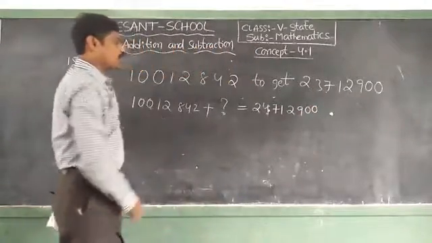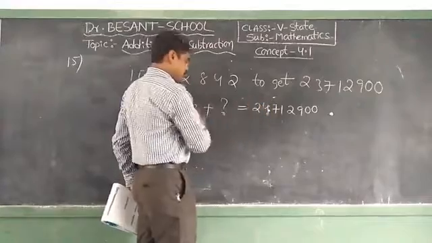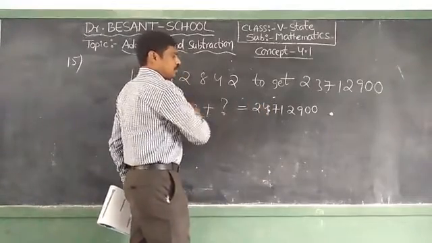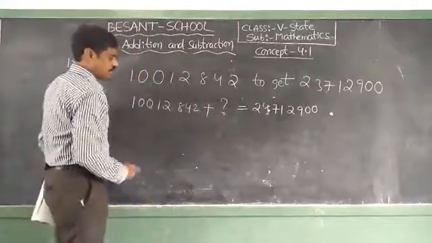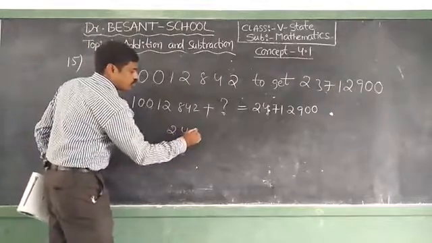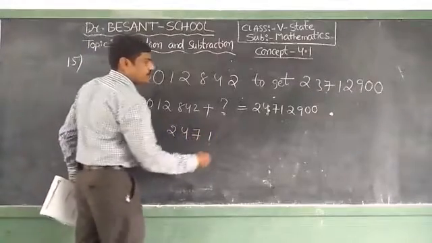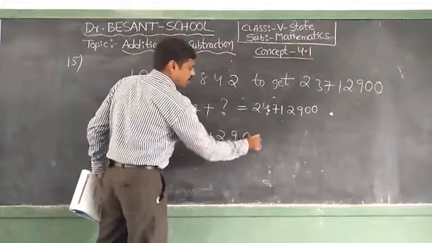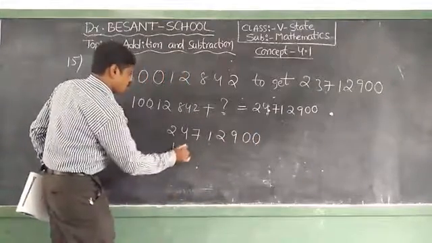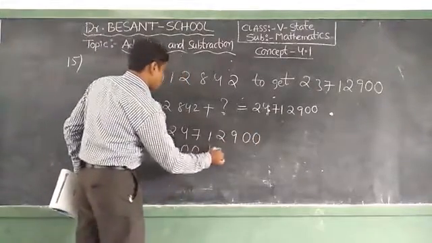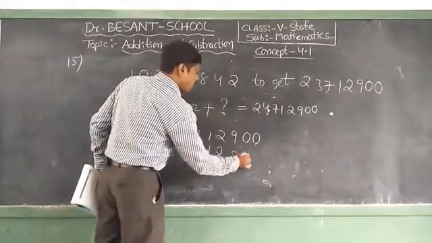So what we have to do? Subtract this number from that number. So 2471290 minus 10012842.